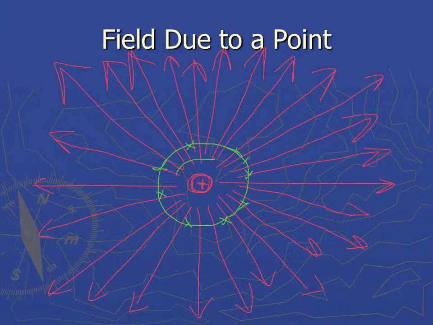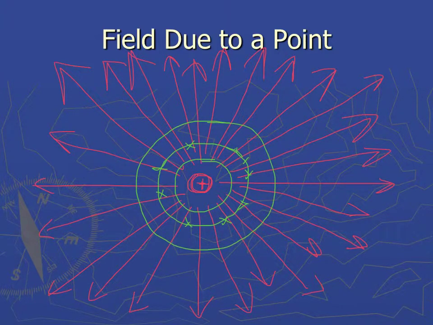And if we draw another circle there, the electrical potential everywhere along that circle is exactly the same, but greater than this outer one. If we draw one a little bit further away, the electrical potential on this line is a little bit smaller, but it's still the same all around it.